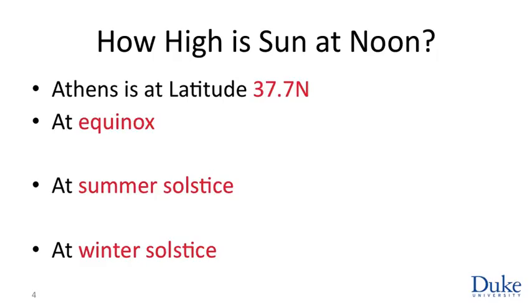Let's apply what we've learned to answer the question, how high is the sun at noon. And since we've started with Aristotle, let's continue with Aristotle. We'll be working at Athens' latitude of approximately 37.7 degrees north. Remember that noon is the time when the sun is highest in the sky. That's its meridian crossing.